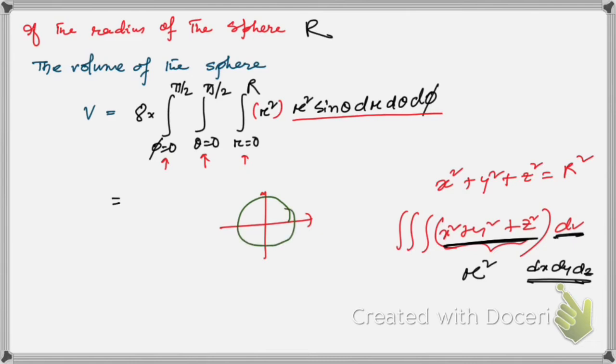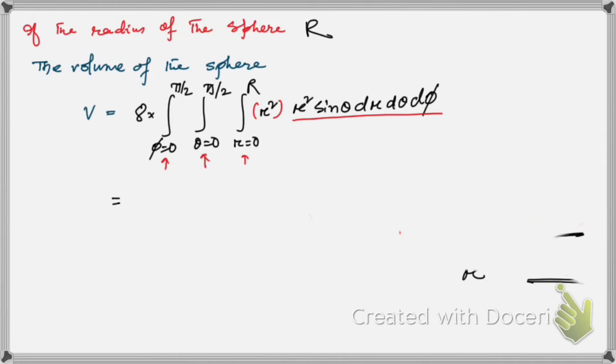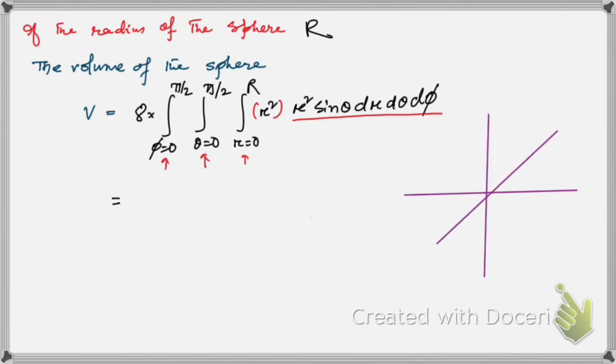Out of 8 equal parts, you will get 1, right? Let me show you in 3D. Suppose this is your 3D coordinate system, x, y, z. If you have a sphere here, it must have 8 parts, right?